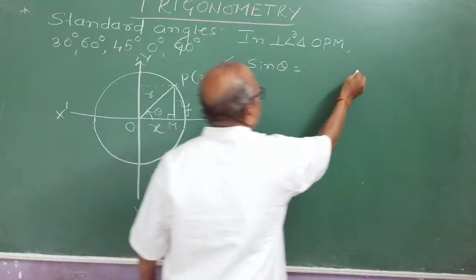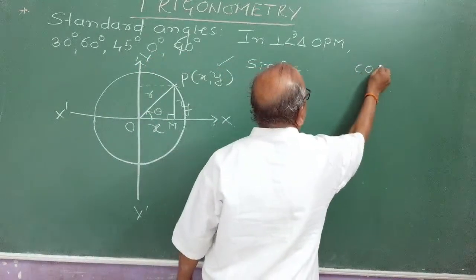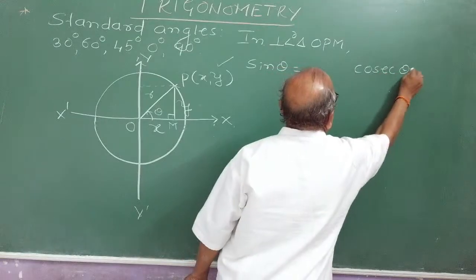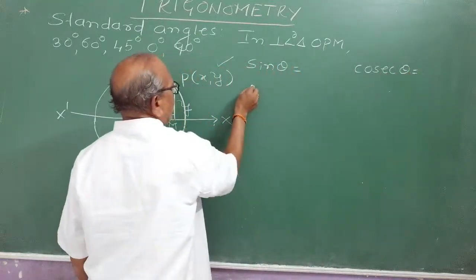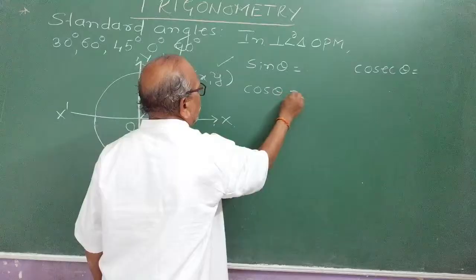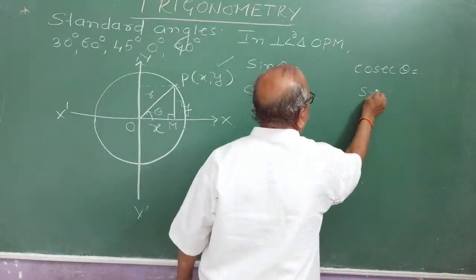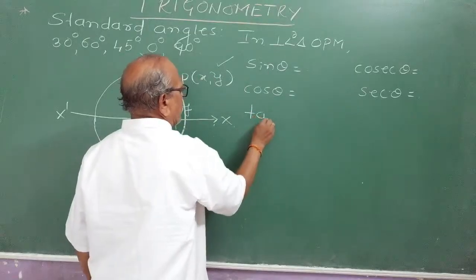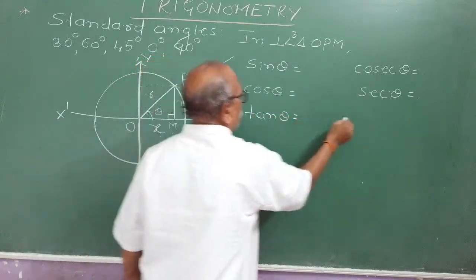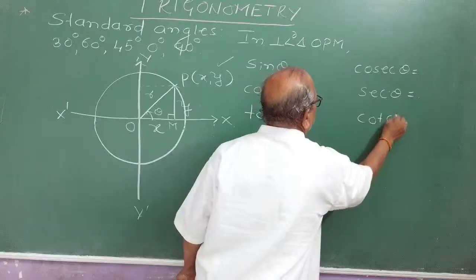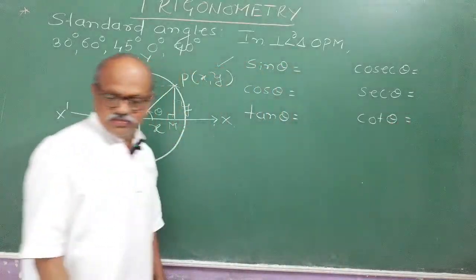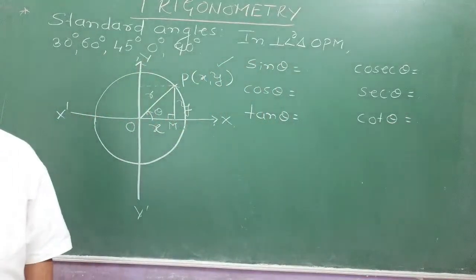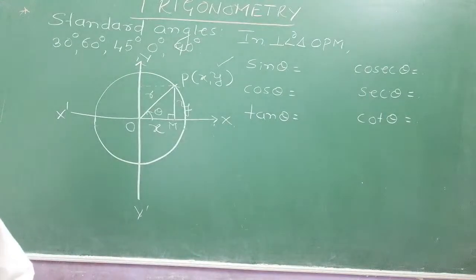Right, what is sin theta? And its reciprocal cosec theta. Then you write cos theta and its reciprocal sec theta. Then you take tan theta and its reciprocal cot theta. Take some 10-15 seconds, write all 6 trigonometric ratios.